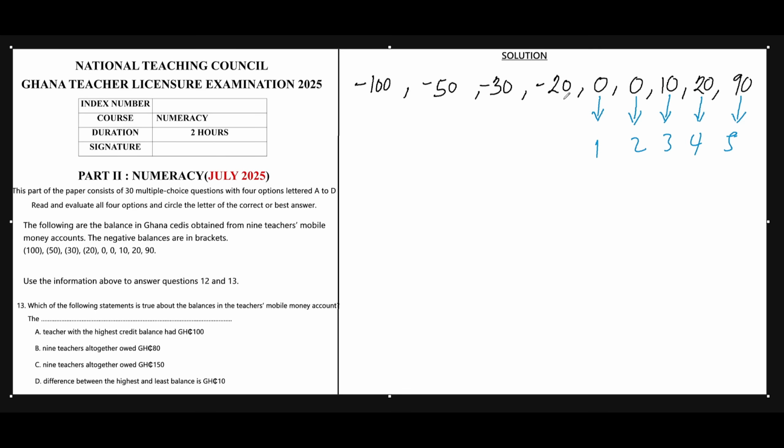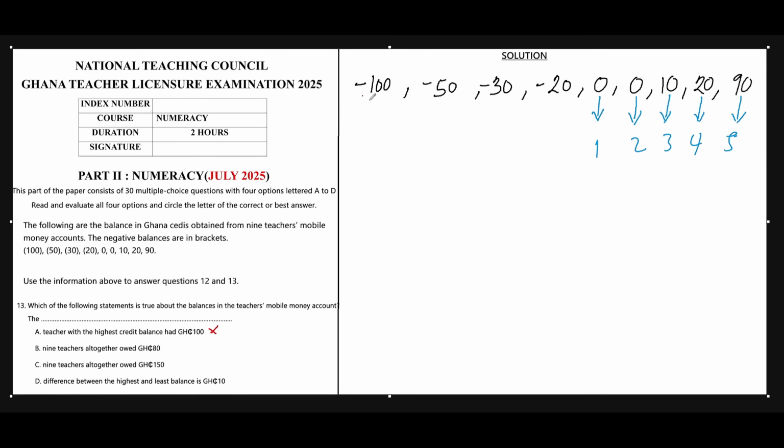So all these teachers owe in their mobile money account. So these are the creditors, and the teacher with the highest credit balance has 90 Ghana cedis. So the first statement is not true.